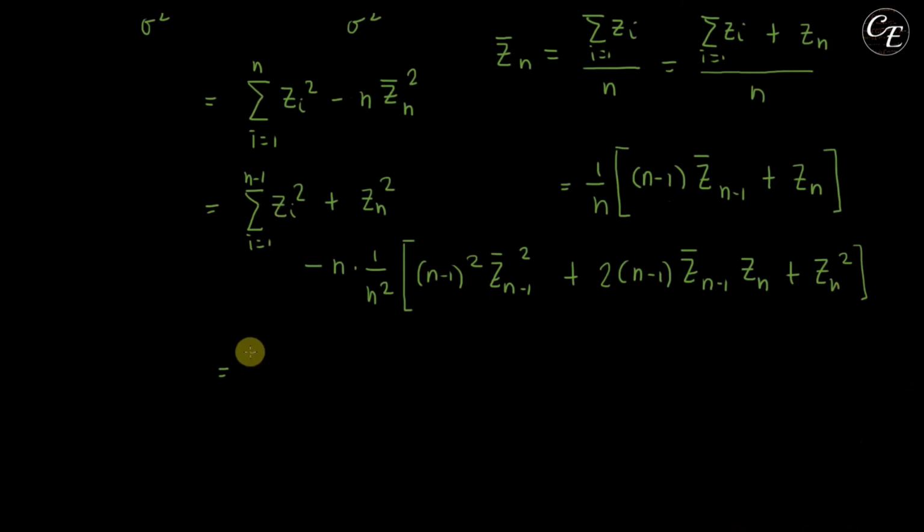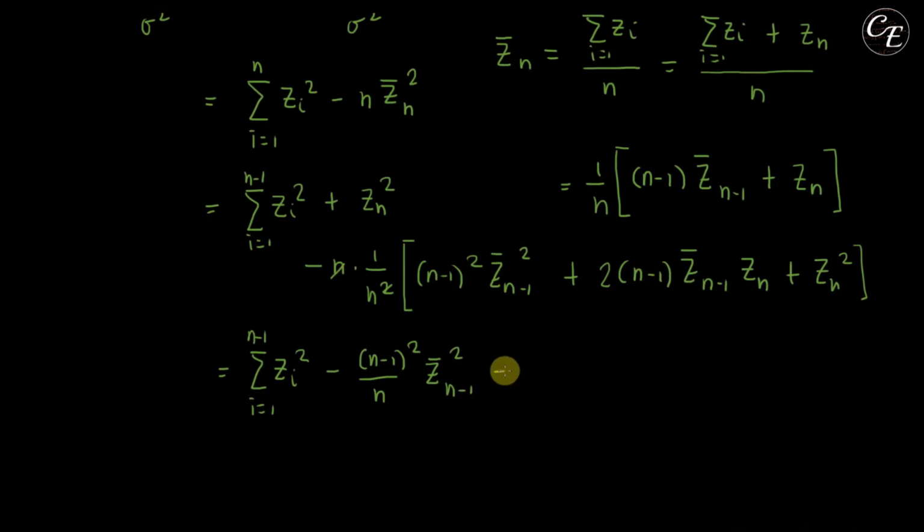So we have summation of z sub i squared from i equals 1 until n minus 1, and then minus, let us combine this one with this one in here. So let us write this first. So we have n over n squared. We can cancel them out, but retain 1 over n. And then this 1 over n is n minus 1 squared over n, and then this z bar sub n minus 1 squared, and then minus of this one.